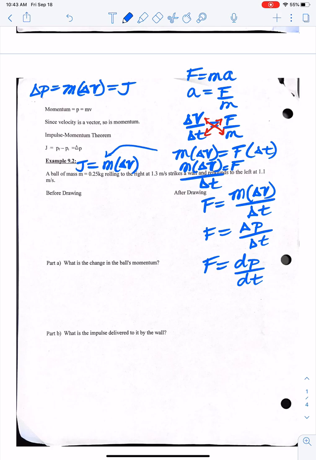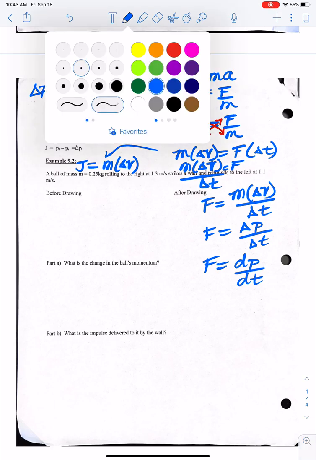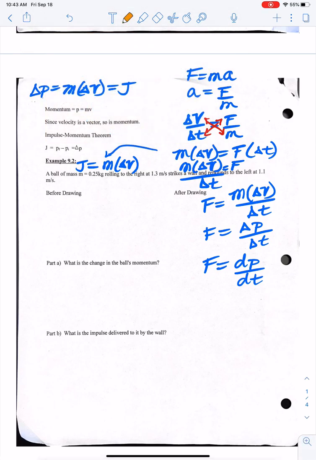That's about it. This is actually how Newton's second law was first quoted, that force is a change in momentum over a change in time, or the derivative of the momentum with respect to time. So this is how Newton's second law was originally coined by Newton.